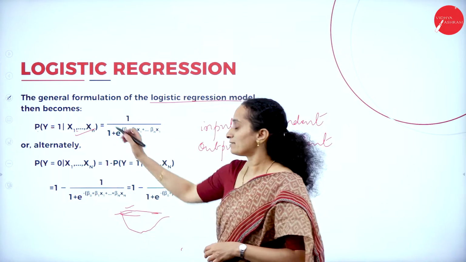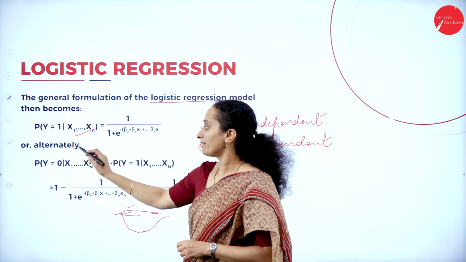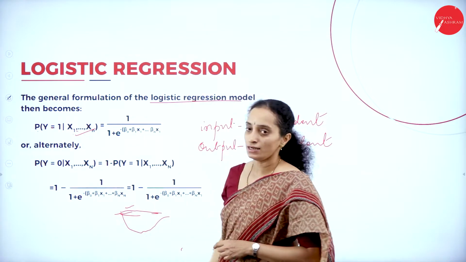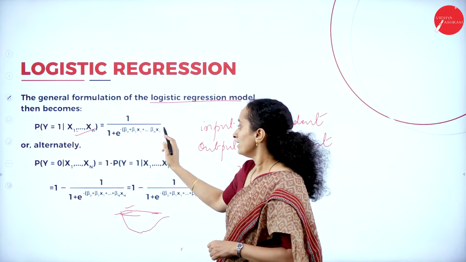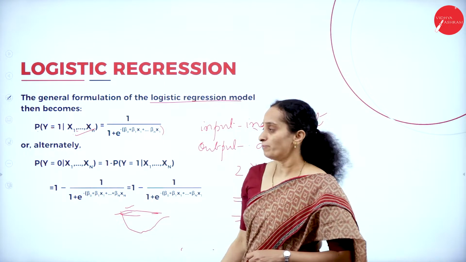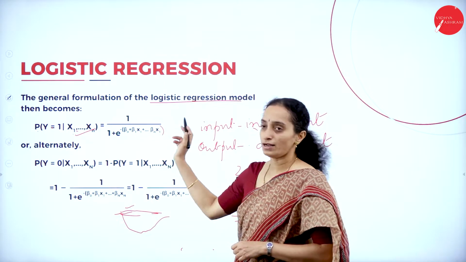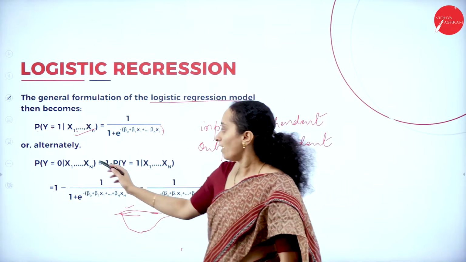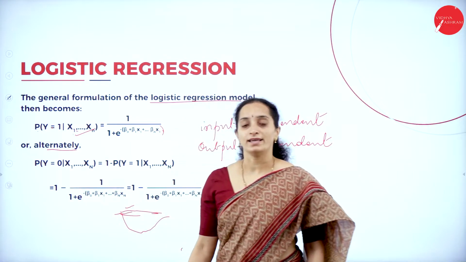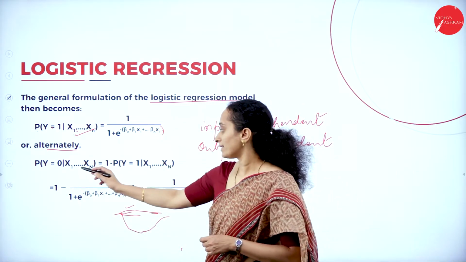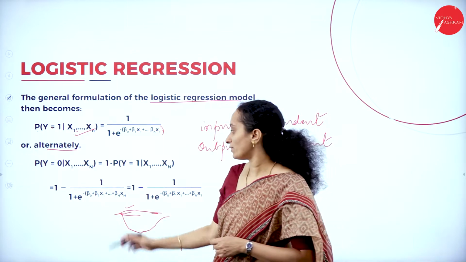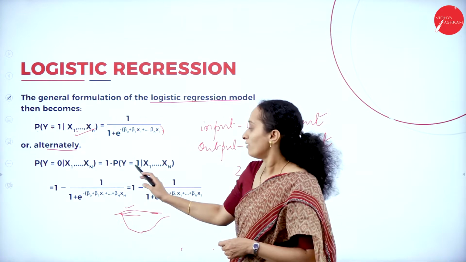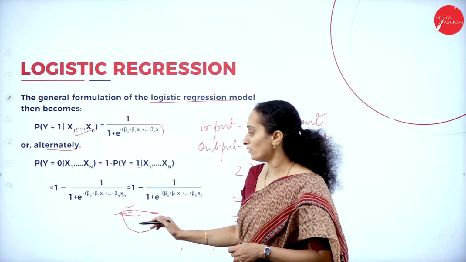You can take the independent variables to check the y value based on the expression 1 by 1 plus e to the power of b0 plus b1 into x1 up to bn into xn. Alternatively, if y is set to 0, you can take the input variables x1 to xn with the same expression, 1 minus p of y equals 1 given x1 to xn.